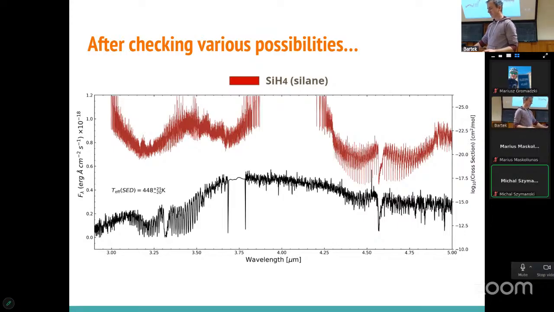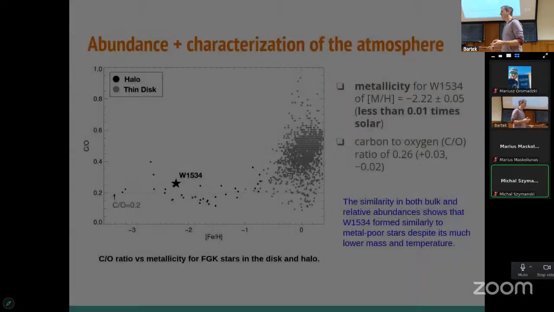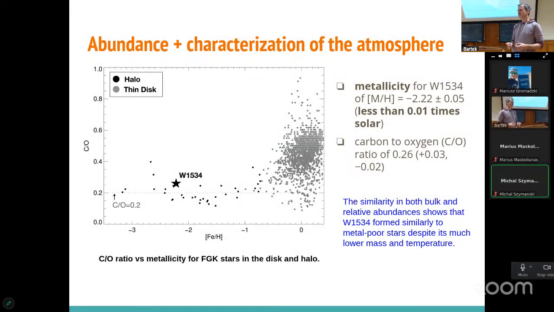So now the puzzle was to give some idea why and how we would be able to get this molecule seen in this object. So we tried to do some simple chemistry calculations and retrieval models to try to answer this. And we found out that it is indeed possible in the case when we have a metal poor environment.